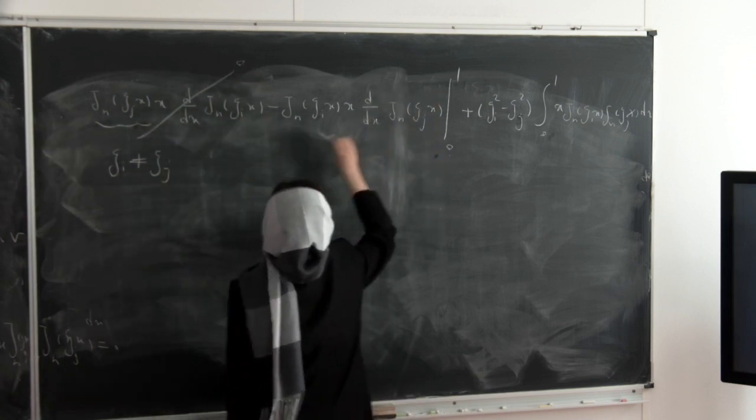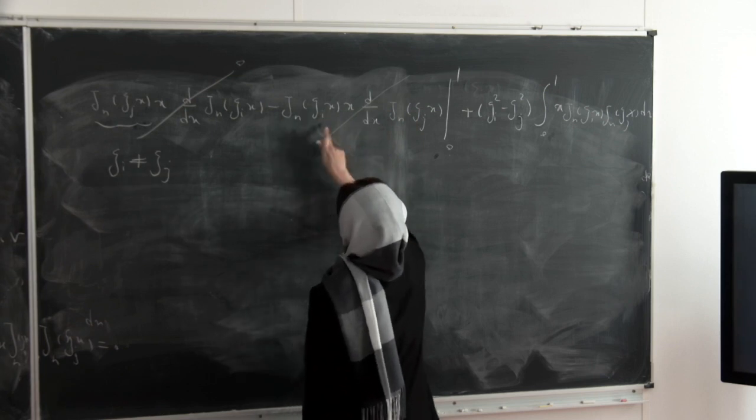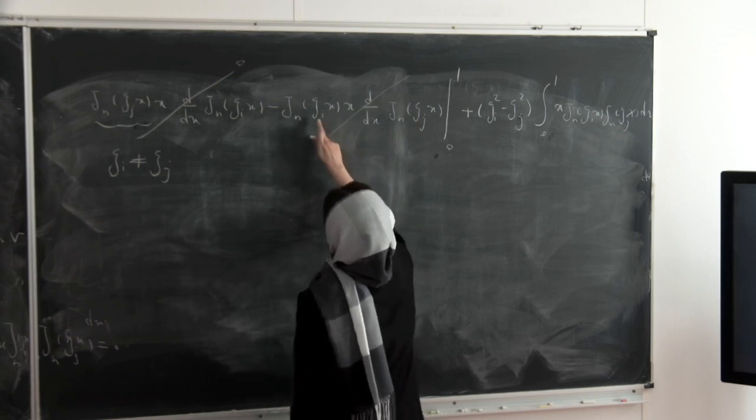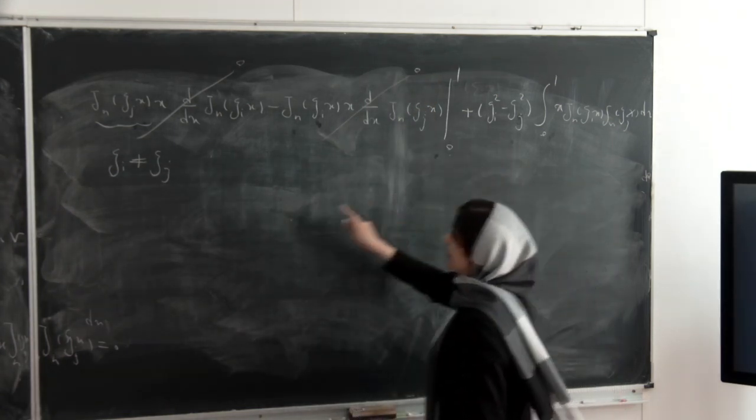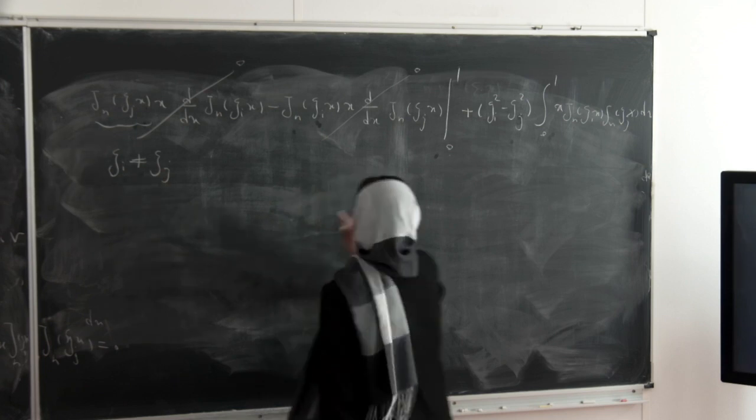Also for this part, because of the property of the xi, suppose that xi is opposite to xj.